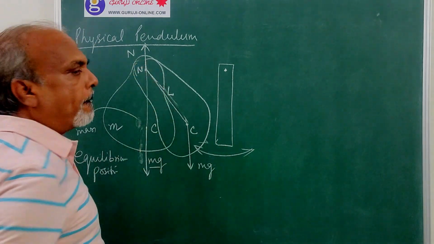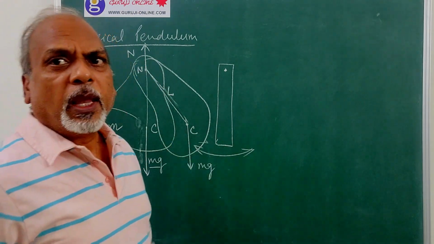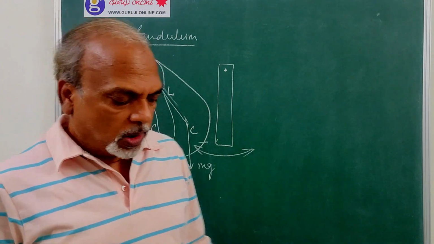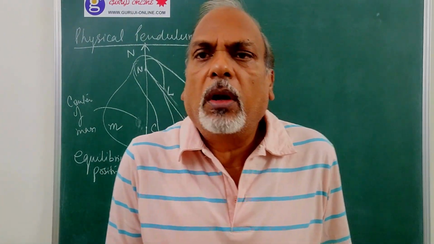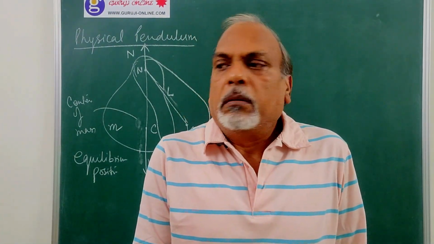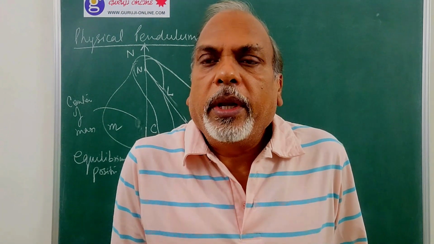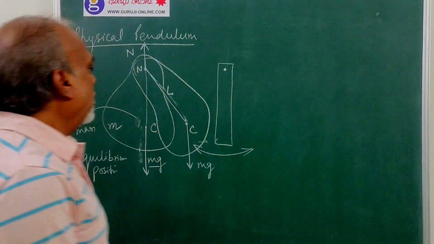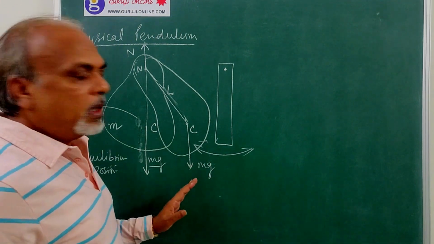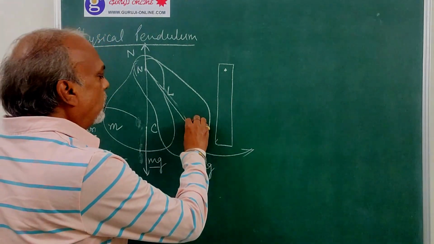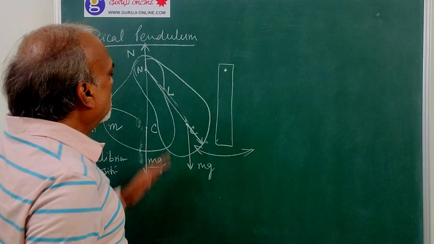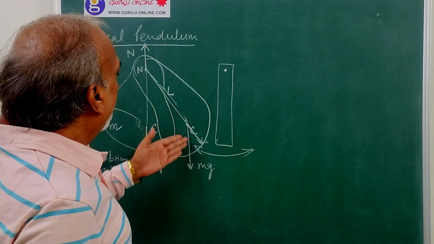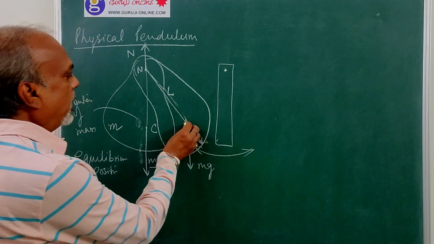Then what will happen? In simple harmonic motion, in case of simple pendulum, we saw that there will be a restoring torque. So from where is this torque coming? Suppose you divide this force into two components, along this line NC and perpendicular to the line.